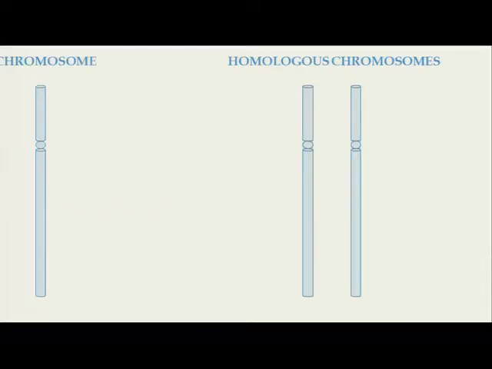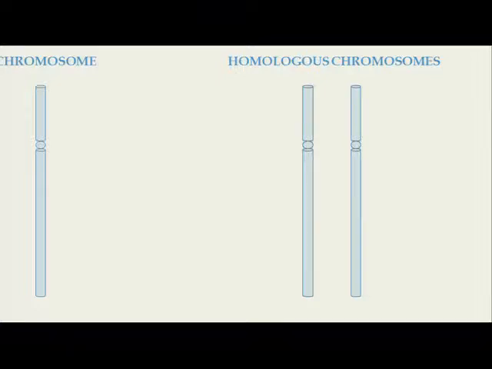Here I have a diagrammatic representation just to show you. Here on the left-hand side, that is a representation of a chromosome. Remember, a chromosome consists of two chromatids joined by a centromere. On the right-hand side of the screen, there you can see a homologous chromosome pair. I don't want to confuse you if I say the following in terms of the homologous chromosomes.